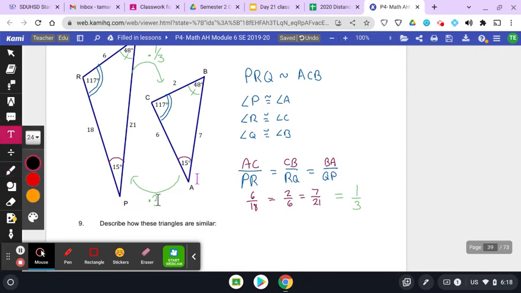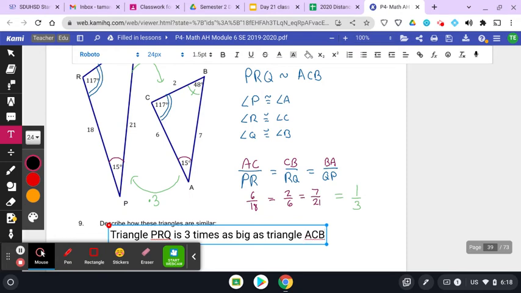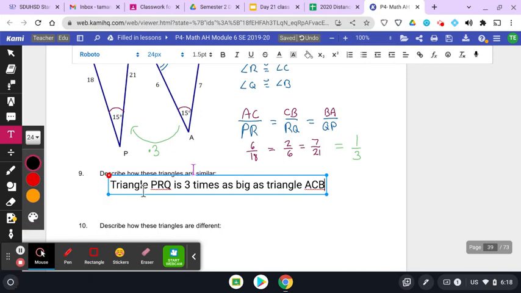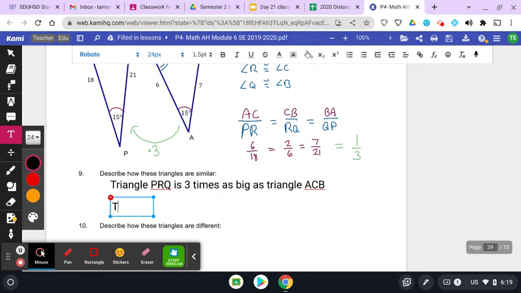So describe how they are similar. Triangle PRQ is 3 times as big as triangle ACB. Okay. How are the triangles similar? How are they different? The corresponding angles are congruent.